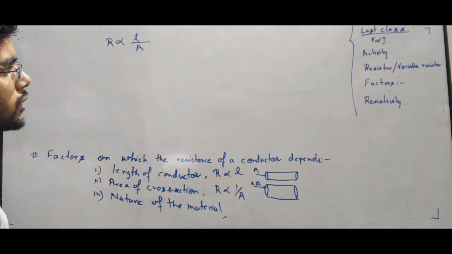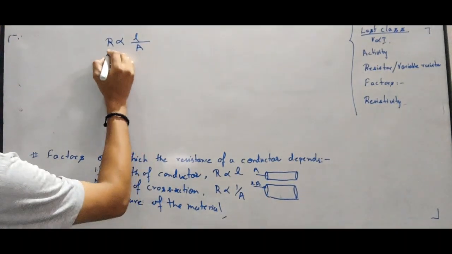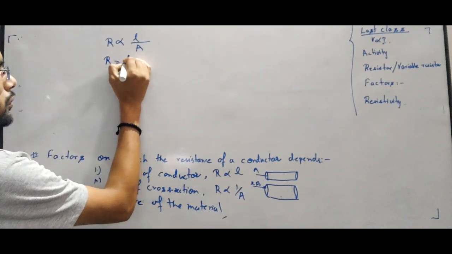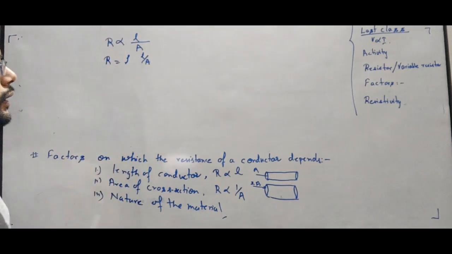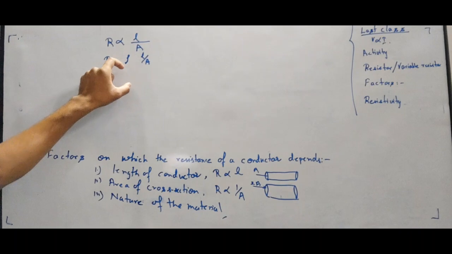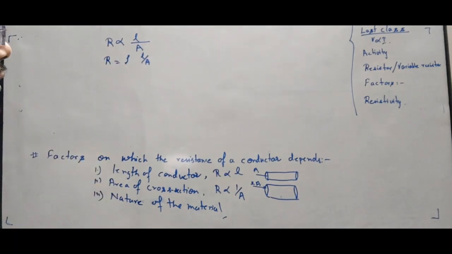So here is a proportional sign. When we remove it, we need to put a constant of proportionality. Yes, so this is R is equal to rho L by A. Yes, so this is another physical quantity which is known as a resistivity.